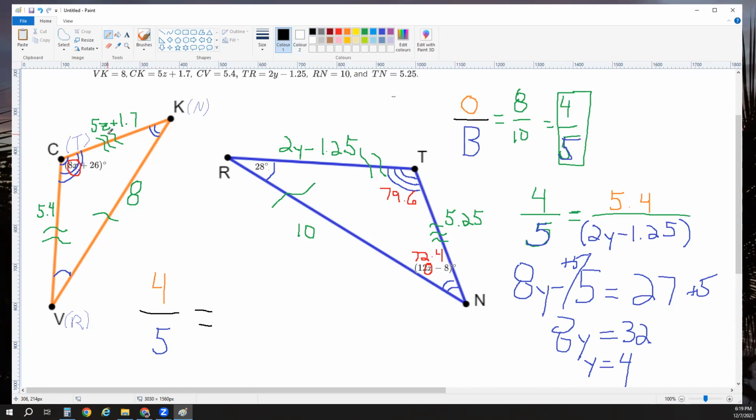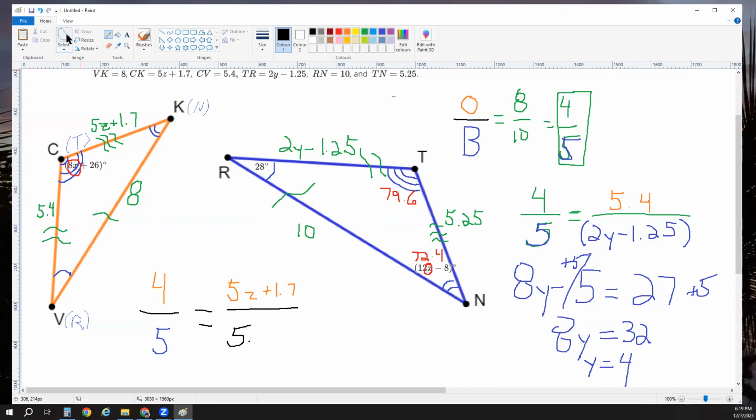I need to solve for z. That's from my orange side. So it's going to be on my orange side. 5z plus 1.7, so it's on the top. And then what's its corresponding line segment on this side? That's my triple one. It's going to be equal to 5.2 down here.